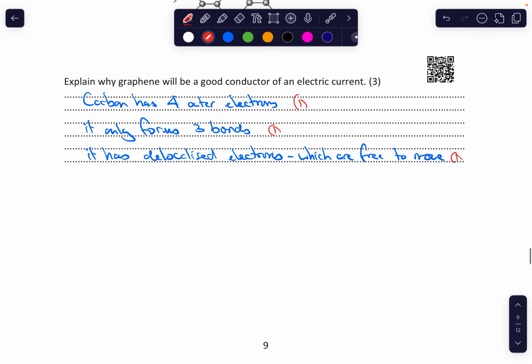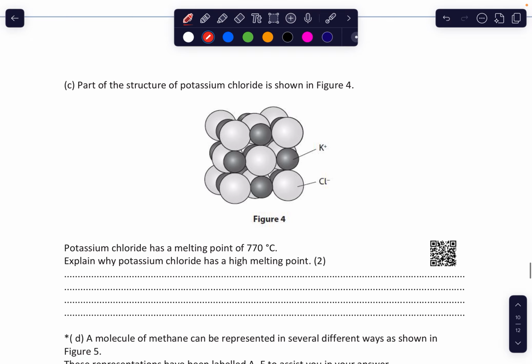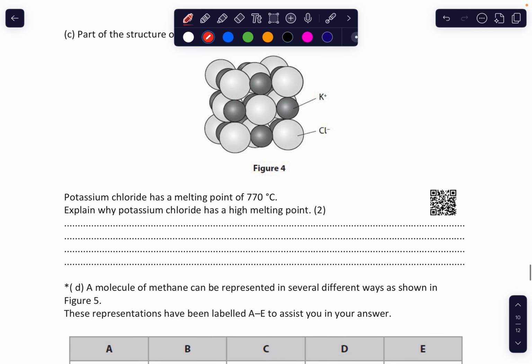Carrying on. Here we've got our ionic lattice for potassium chloride. Explain why this has a high melting point. So what we need to say in here is ionic lattices have a high melting point because they contain strong electrostatic attractions.